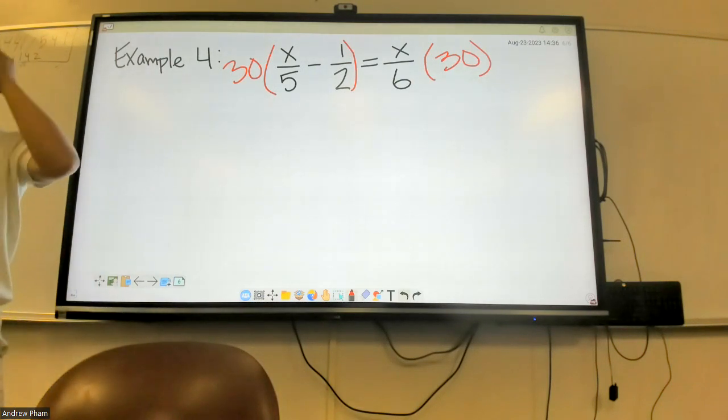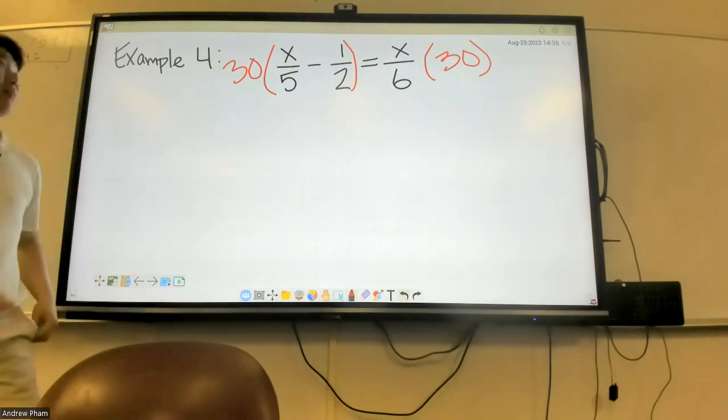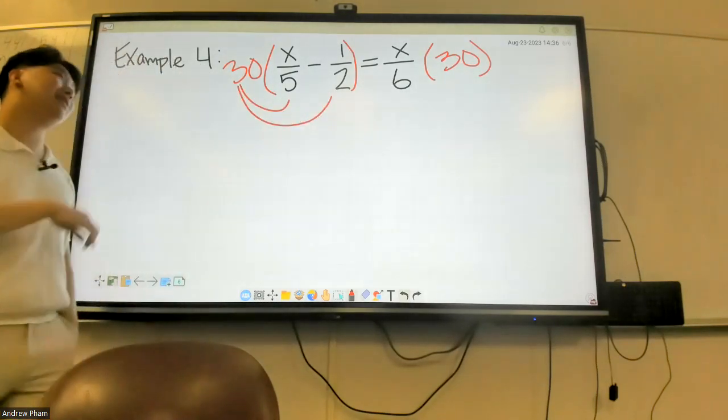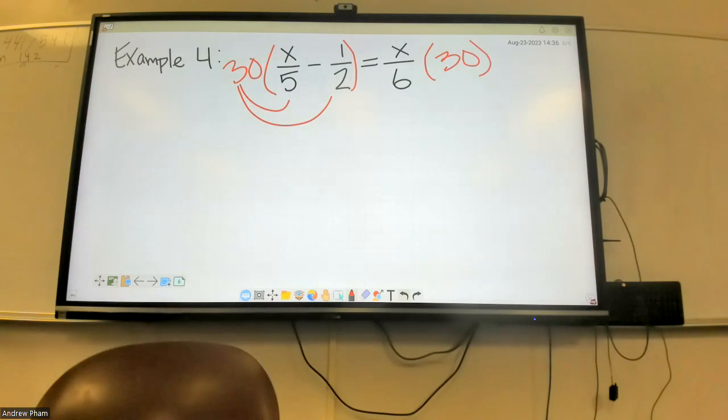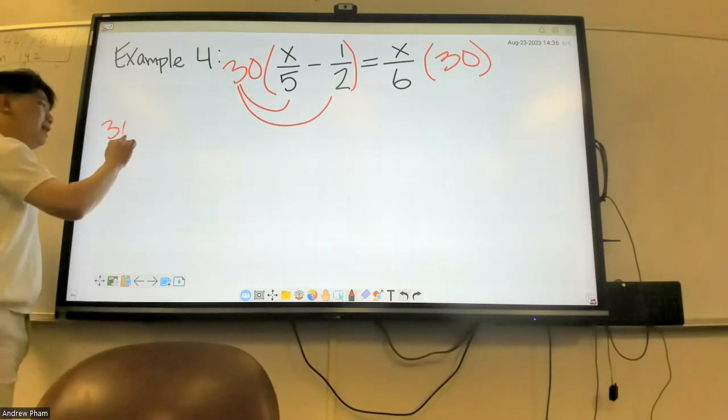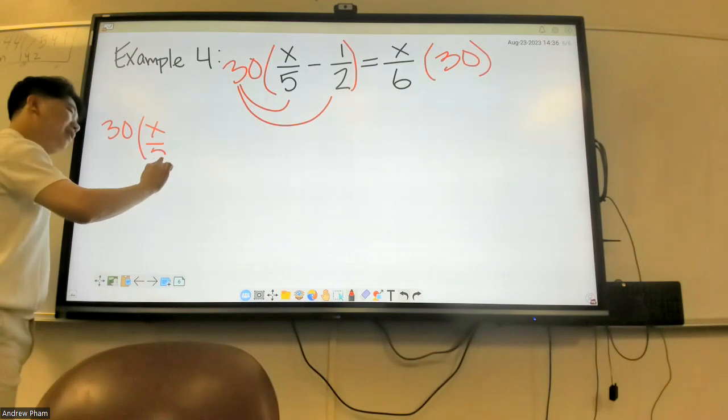On the left, I can multiply out 30, right? I can do 30 times this and 30 times that. So for the first one, what is 30 times x over 5? Just as a reminder on how we can do this, there's going to be side work here. 30 times x over 5.